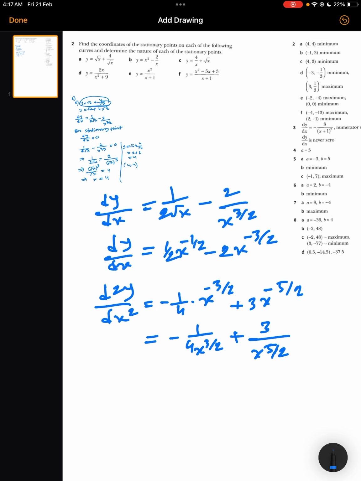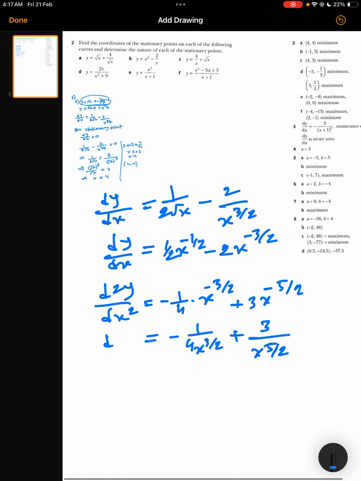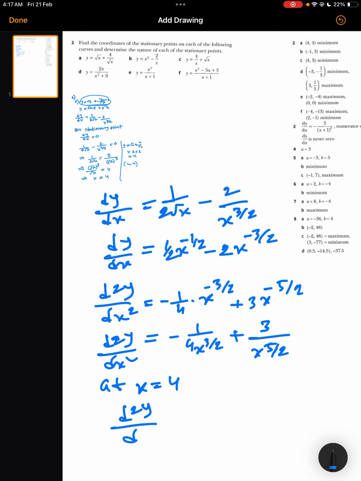Now I have to input the value. The x value is 4. Minus 1 by 4 to the power 3 by 2 plus 3 over 4 to the power 5 by 2. I have to use a calculator.